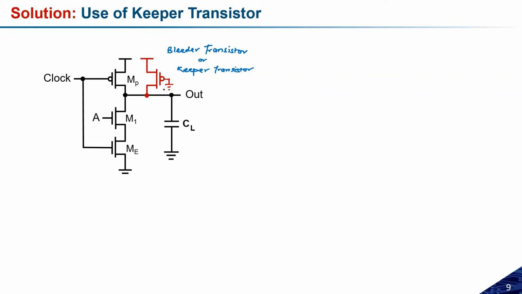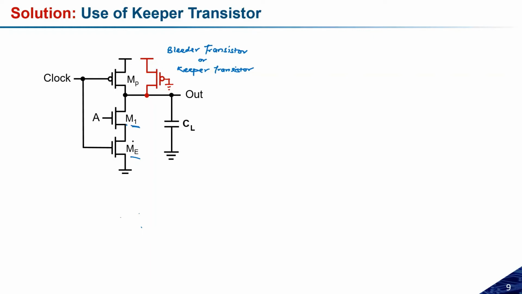And there are two or three things we need to consider. The first thing is the keeper transistor can hold the logic of the dynamic node, and that can avoid the charge leakage. Second, the size of this keeper transistor should be as small as possible, so that during evaluation it should not create a problem. But the important thing is, let us assume during evaluation, because the MP is in on state, and let us consider this M1 is also in on state.